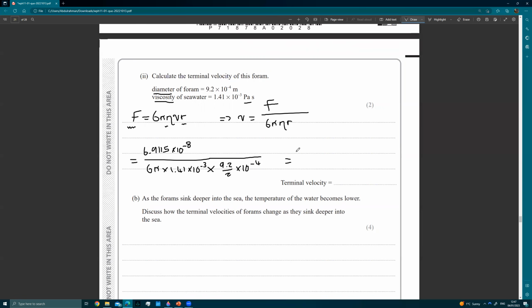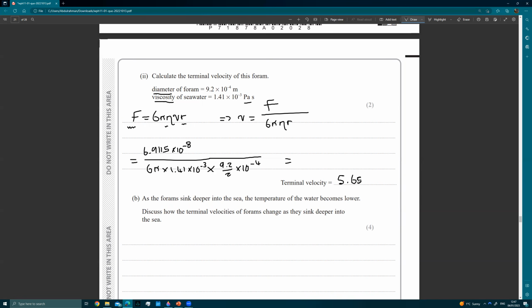And what we would get for the terminal velocity is something really small. I got 5.65.